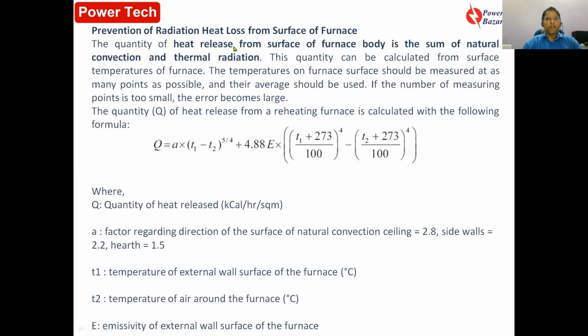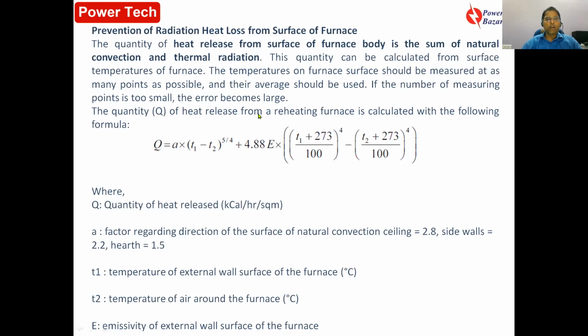The quantity of heat released from the surface of the furnace body is the sum of natural convection and thermal radiation. So by two ways the heat from the surface of the furnace can be lost: one due to convection, that means due to flow of air in the vicinity of the external surface of the furnace, and another due to thermal radiation.